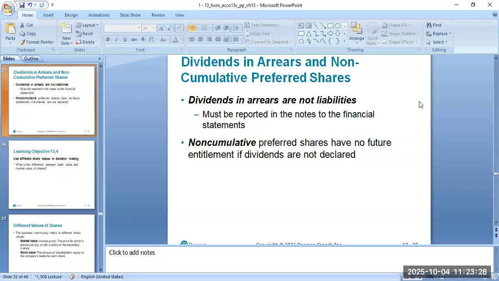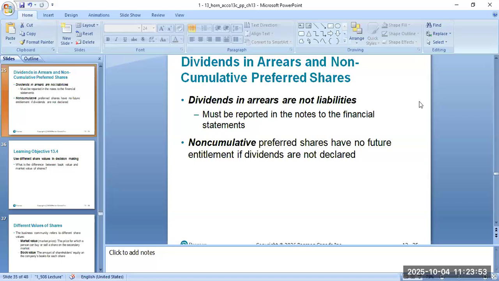Technically, it stays as, how can I say, a commitment to pay that dividend, and it has to be disclosed in the notes to the statements. But legally, it's not a liability, not until the dividend is declared. Once the dividend is declared, that dividend in arrears becomes a liability.